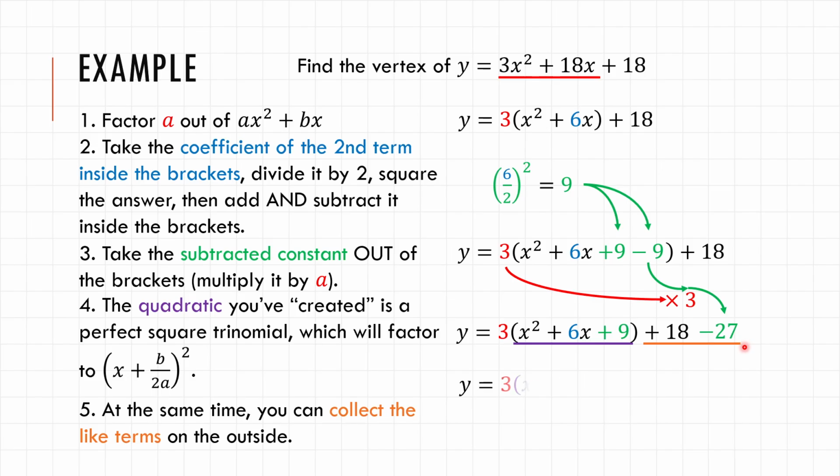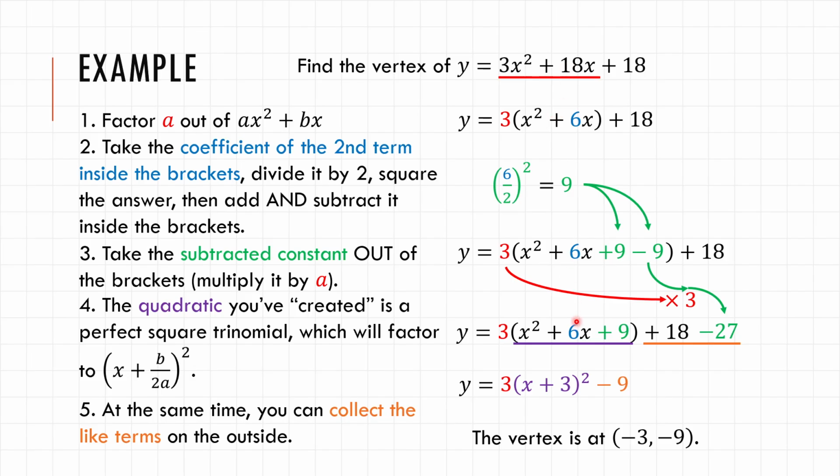And so my new expression is y equals 3 times x plus 3, it's always going to be half of this number, x plus 3 squared, and 18 minus 27, of course, is negative 9. That is my exact same quadratic relation, except instead of standard form, it's in vertex form. And using this, I can very easily identify that the vertex is at negative 3 and negative 9.